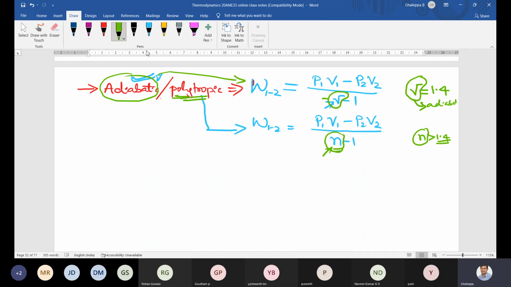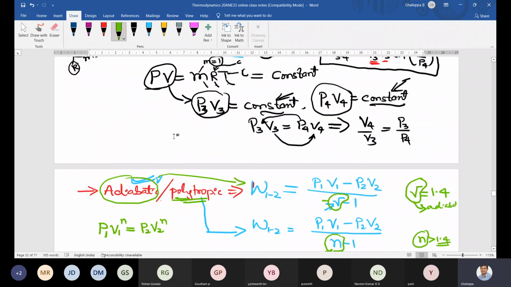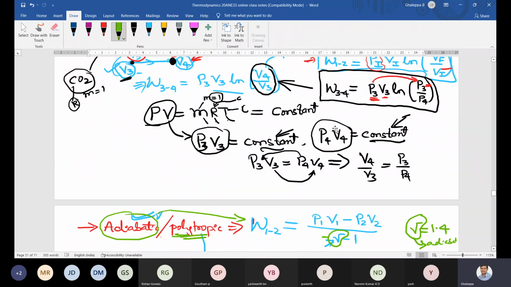Remember this equation, simple. Any process which follows the law P1 V1 to the power of n is equal to P2 V2 to the power of n. Similarly to what we have written here, the same expression. Here gamma will not come into the picture.